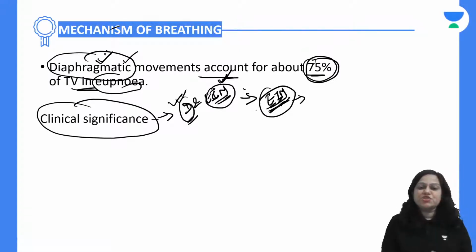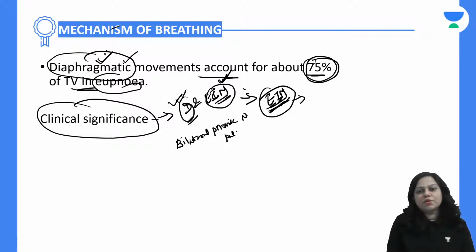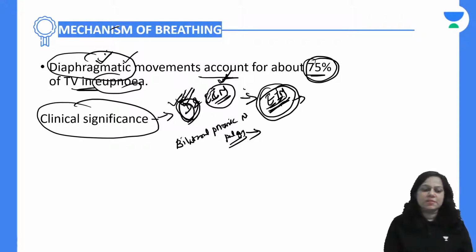So in patients with bilateral phrenic nerve palsy, or you can say paralysis, this is important, there will be paralysis of the diaphragm, right? So diaphragmatic movement will be affected, but external intercostal muscle movements are intact, with intact innervation. So what will happen?